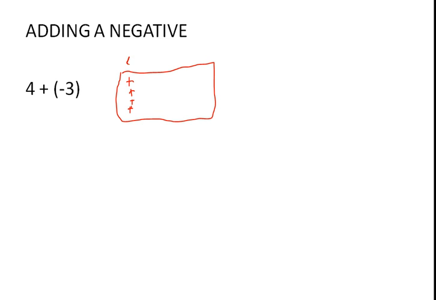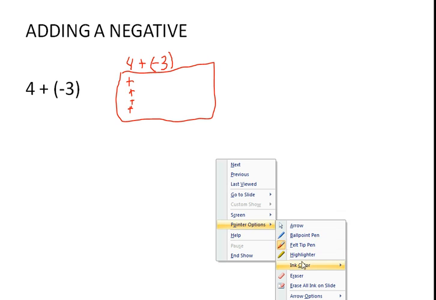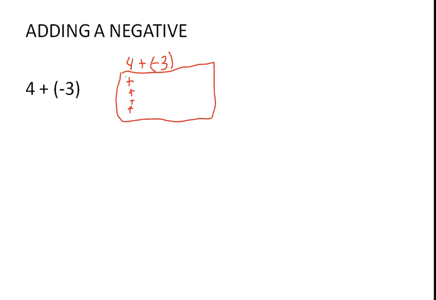And then we are going to add 3 negatives to this. We're going to change to green, and we're going to add 3 negatives. So we're going to go 1, 2, 3. So you have 4 positives and 3 negatives.